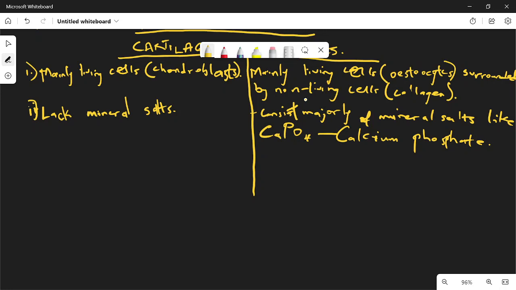And then number 3, cartilages are soft tissues, but the bones are hard tissues.